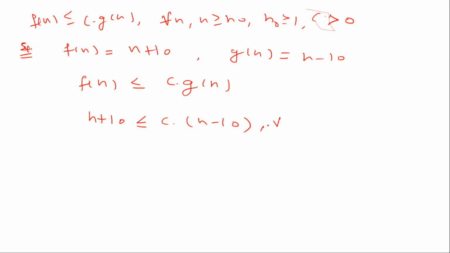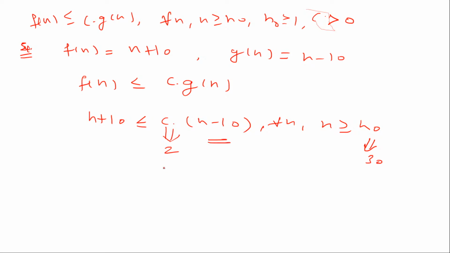So, for all n greater than or equal to n naught, if we put the value of n naught as 30 and the value of c as 2, the right-hand side would be greater, right?